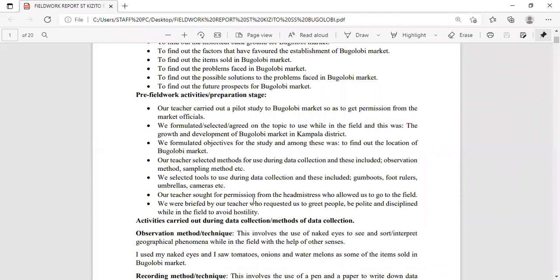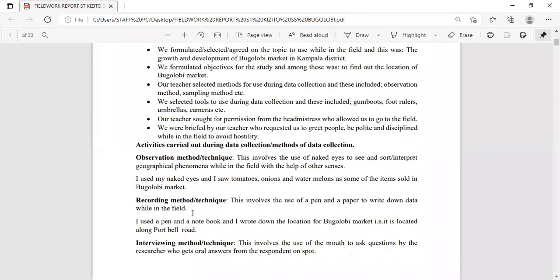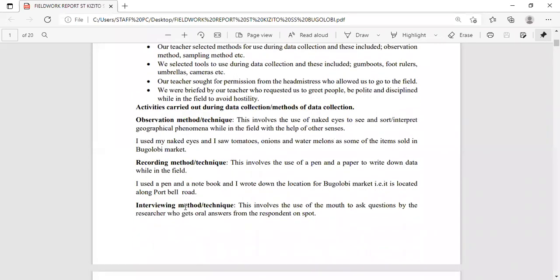Therefore, departure should be your last among the activities carried out in the preparation stage. The preparation stage is also termed the before stage. When you see the word before, just know they are talking about the preparation stage.